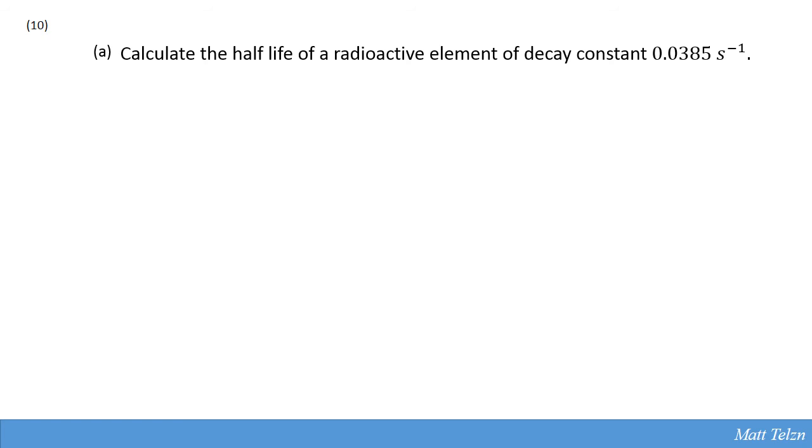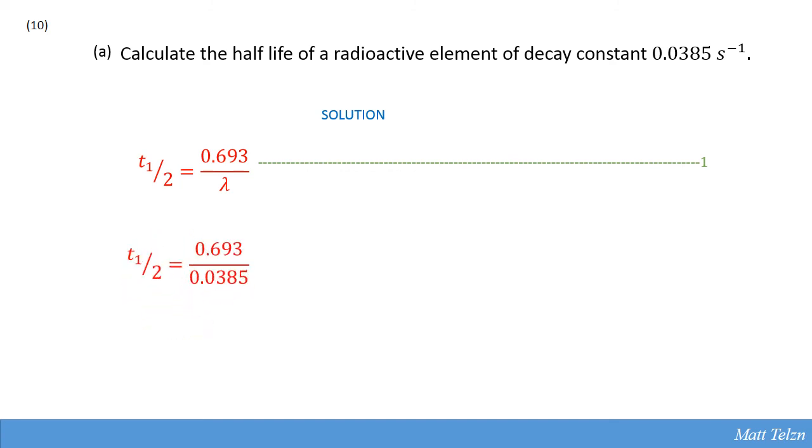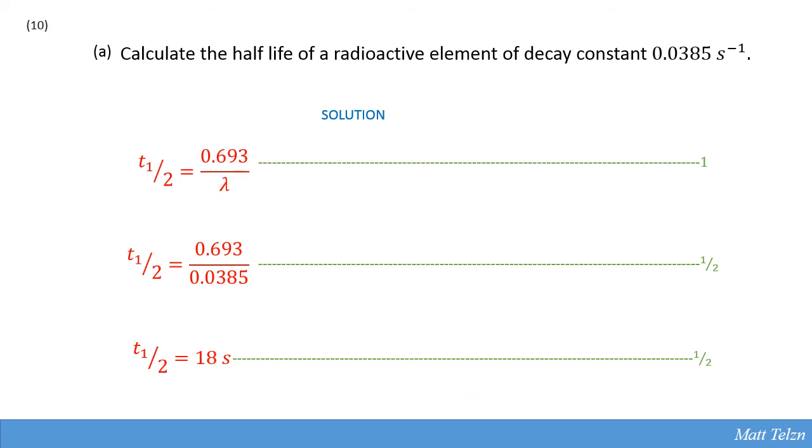Calculate the half-life of a radioactive element of a given decay constant. See, correct formula 1 mark. Correct substitution, half mark. Then final answer, half mark. Total is 3.